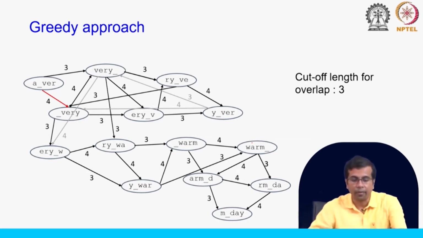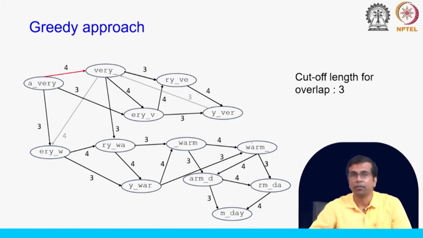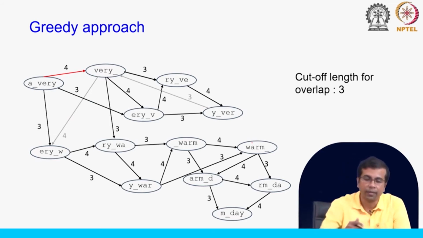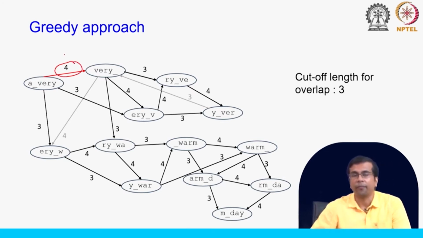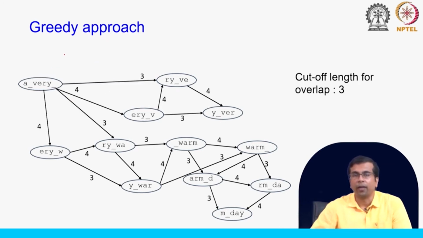You can see you have this first one here, okay, the one in red. So, the greedy approach will merge them, update the weights, it will take the next one. Okay. So, here is the next one, again it will look at the overlap length, okay, and it will update. Okay.